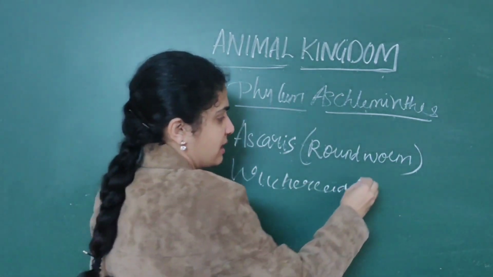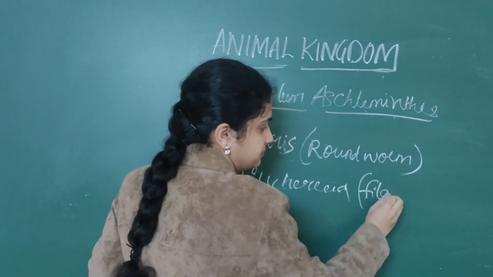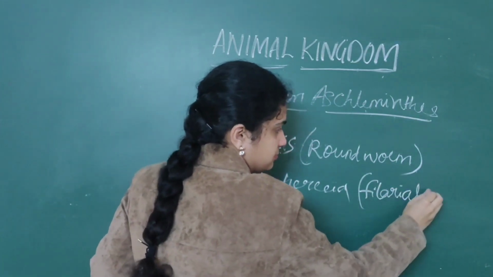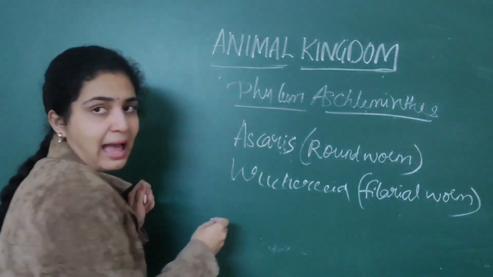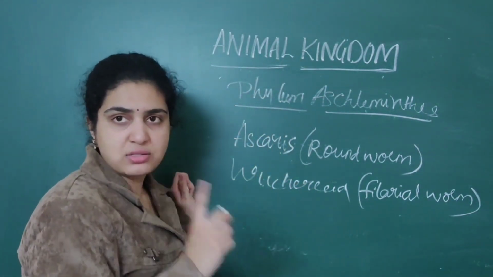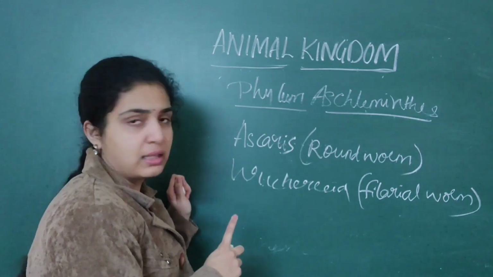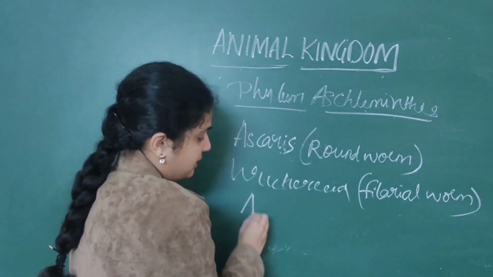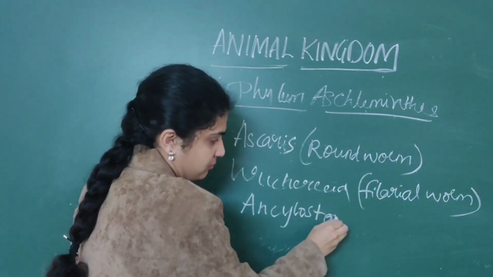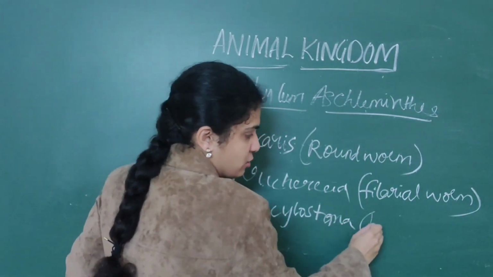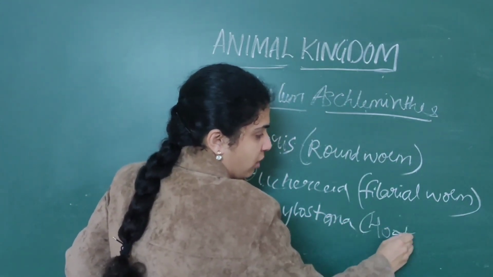Wuchereria is also called filarial worm. Then Ancylostoma is also called hookworm.